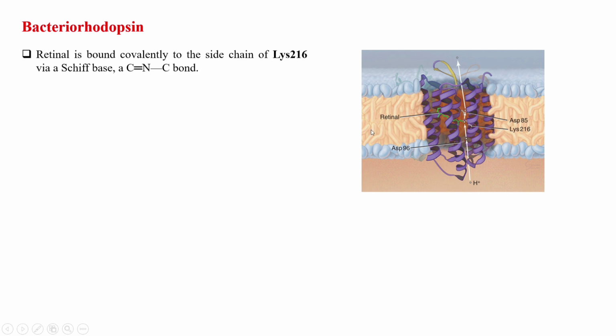Now retinal, this chromophore, is bound covalently to the side chain of lysine 216 of these proteins. So I am going into molecular detail of these bacteriorhodopsins, how proton pumps occur. Now retinal, this chromophore, is attached to the amino acid lysine 216 via a Schiff base.